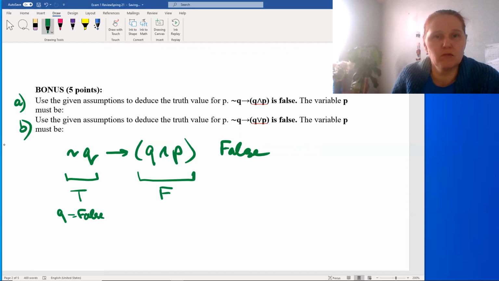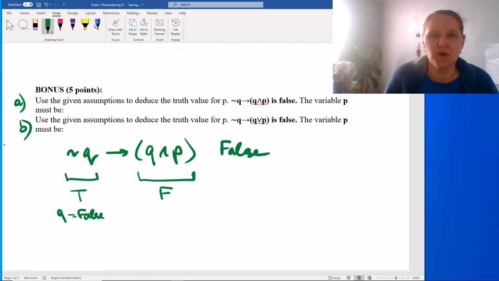And from the right part, you have and here. You know that Q is false, so and will be false for both values. So P may be either false or true.